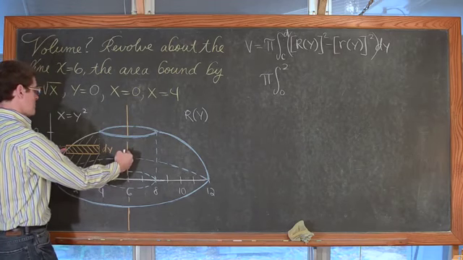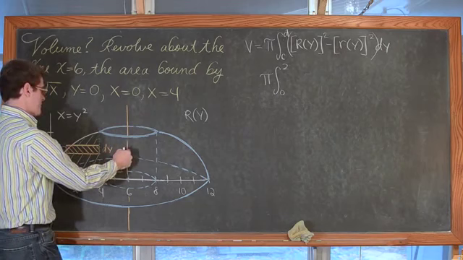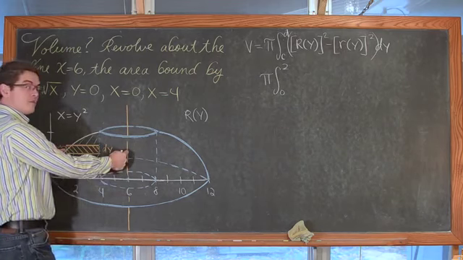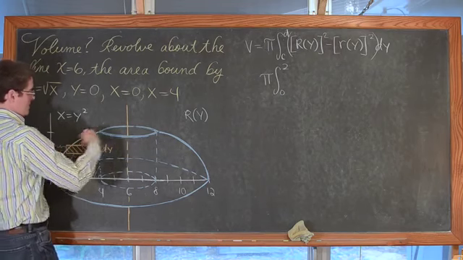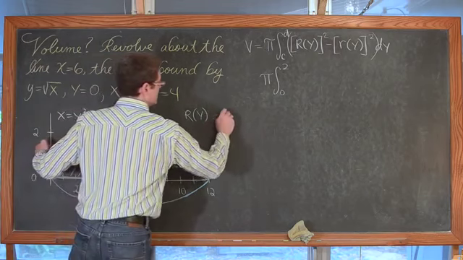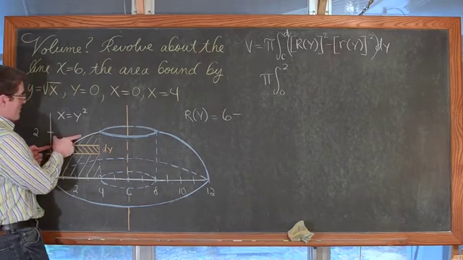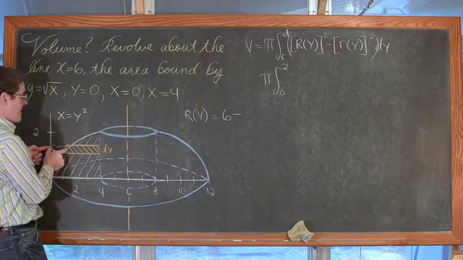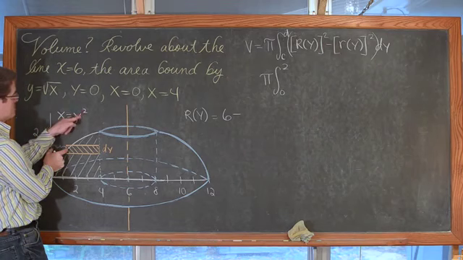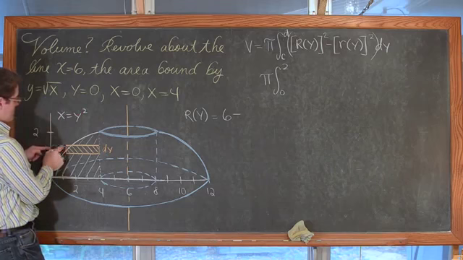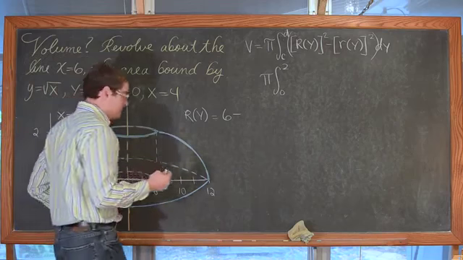Initially this rectangle, before we take out the center area, has to reach from x equals 6 over to wherever the function is. So it's going to be 6, and then minus, I want to take out this section right here as I work my way up towards 2, and that distance is found by, well, x is equal to y squared. So that's this little piece right here, very similar to the last problem.